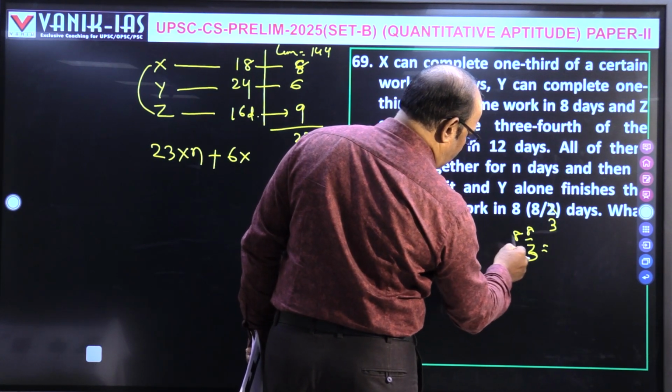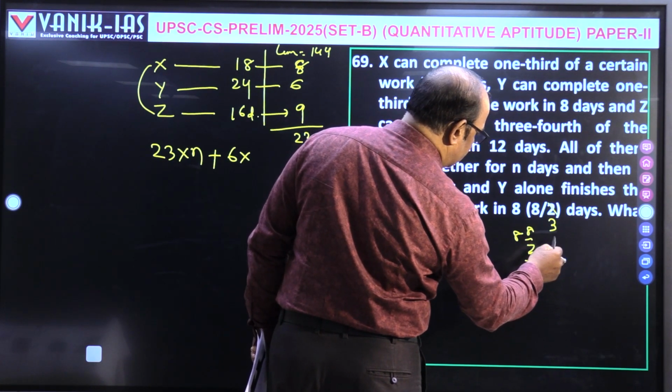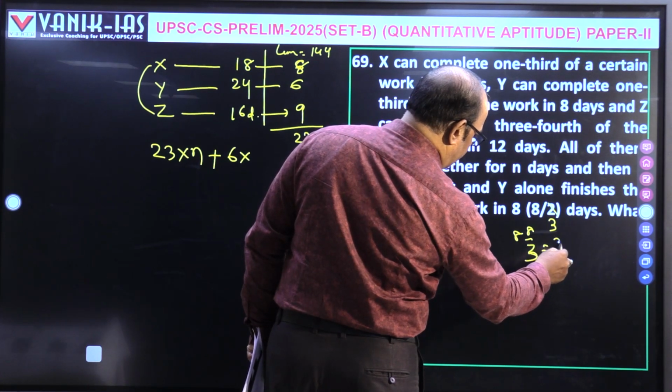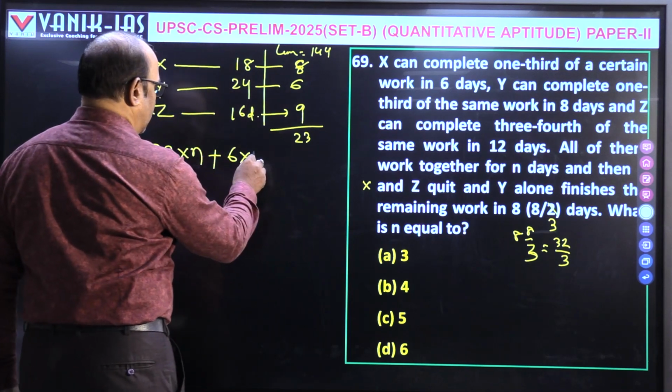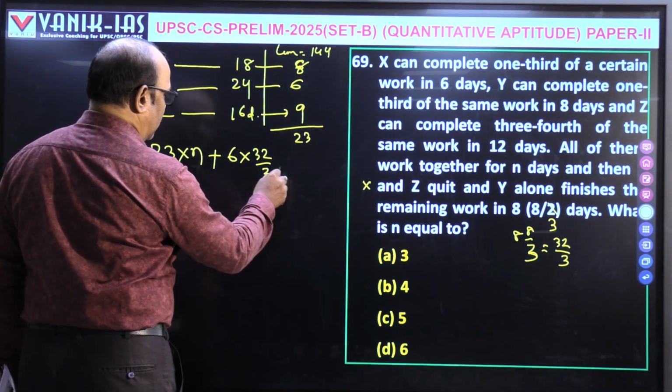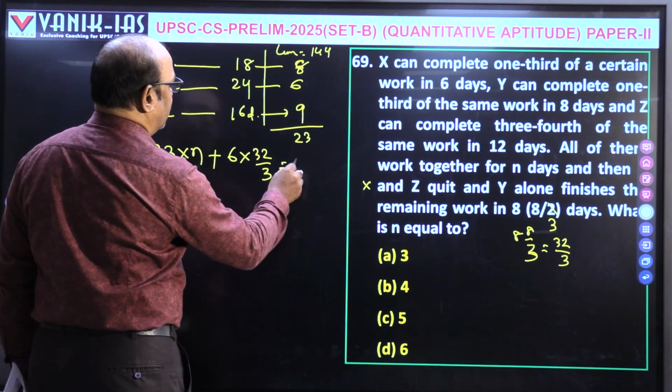That gives 8 threes are 24 plus 2, 26 by 3. So 6 into 26 by 3 days. That work is completed and total work is 144.